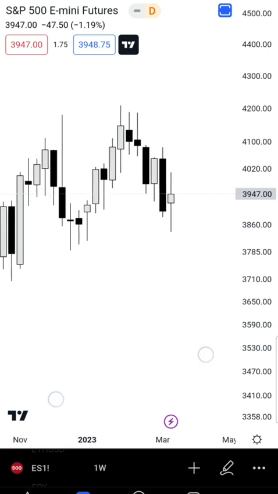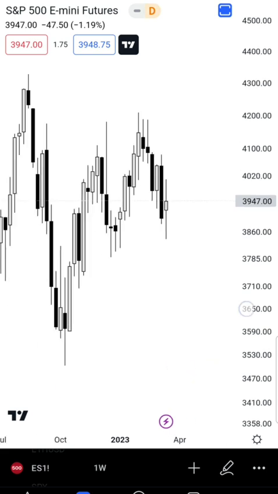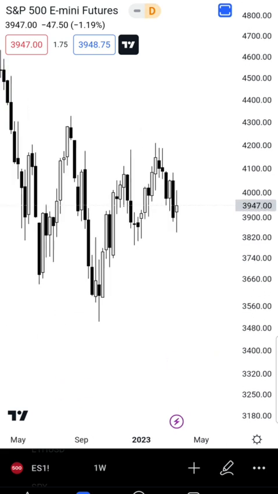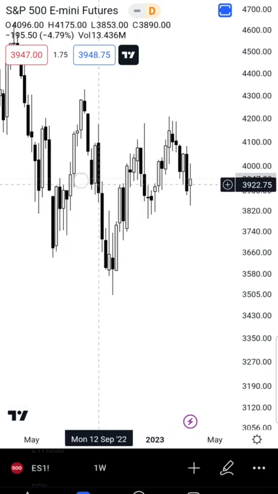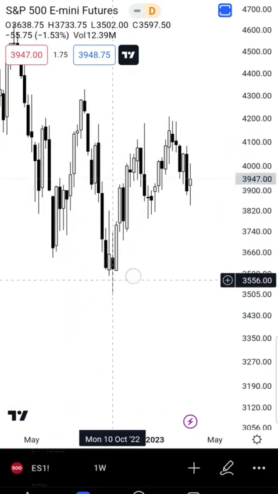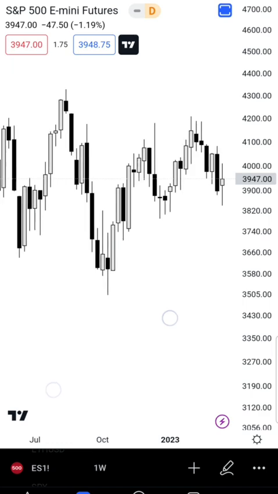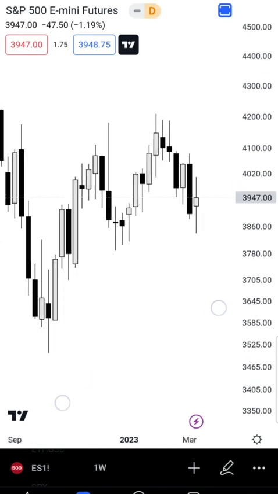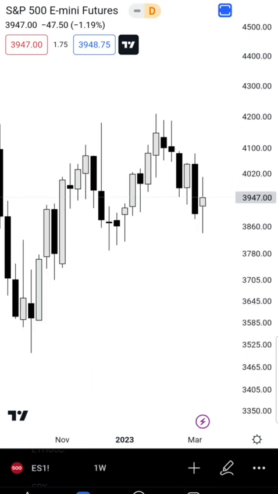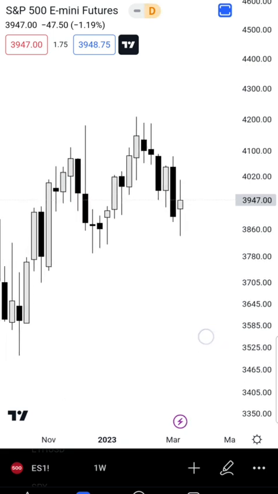So we look at ES. What do you see? Now the fun thing is we're going to ignore all these candles. Most of these candles, they don't matter to us. We're looking at a 20, 40, and 60-day look back. Okay, so that's going to be around 12 weekly candles.